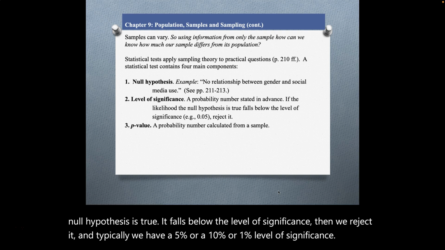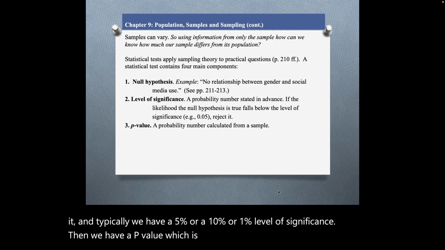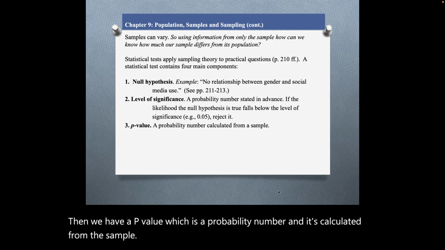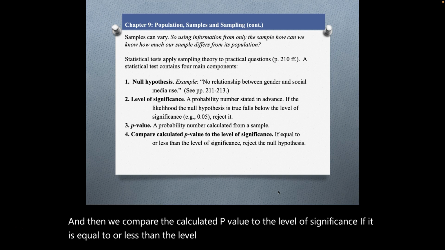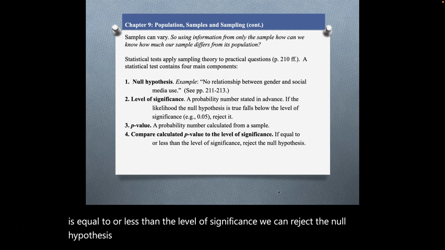Then we have a p-value, which is a probability number calculated from the sample. We compare the calculated p-value to the level of significance. If it is equal to or less than the level of significance, we can reject the null hypothesis. So what sampling theory provides us is statistical tests.